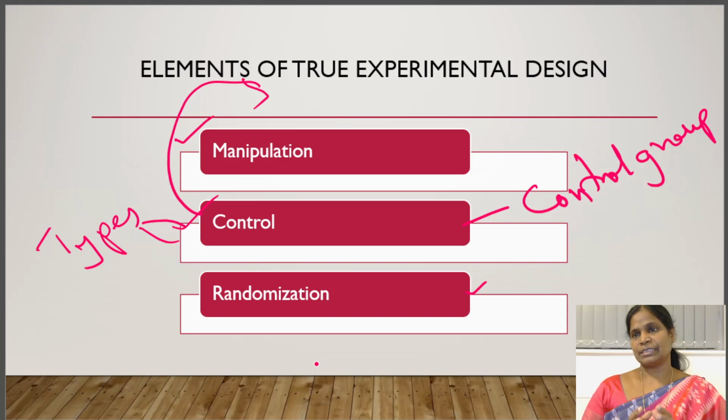Every subject has an equal opportunity to get involved in the study. So understanding these three elements in an experimental design is very important, as we are going to use them and compare them.